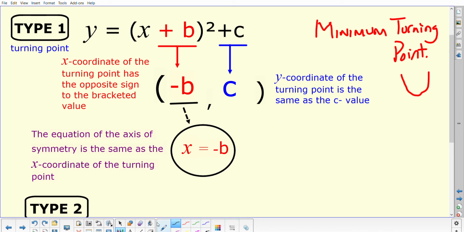So picking up a line, sorry, and drawing it down through, that's your axis of symmetry. So this axis of symmetry will go through the turning point, and everything about that should be symmetrical.